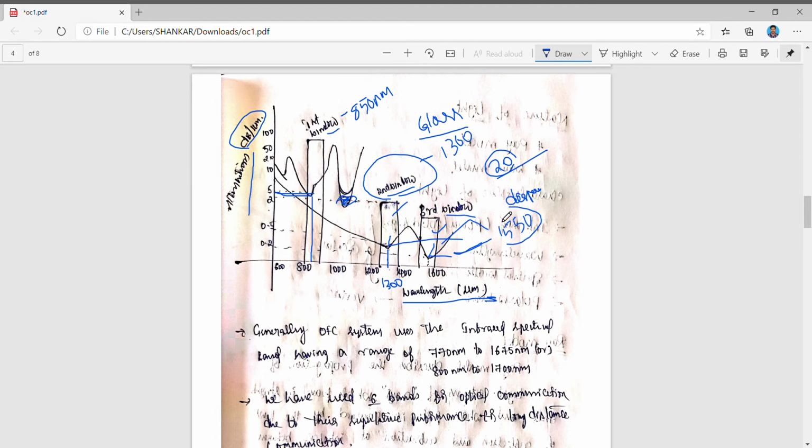At this wavelength range there are so many designs, and many researchers work on this wavelength. At 1550 nanometers the signal attenuation is very low compared to any other wavelength range. So 1550 nanometers is widely used in optical communication systems.